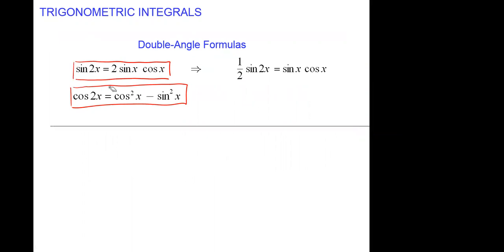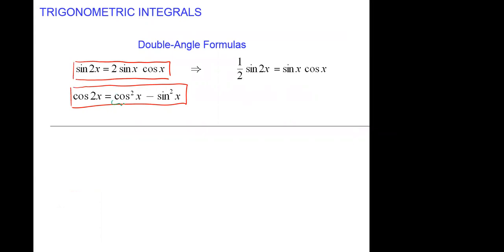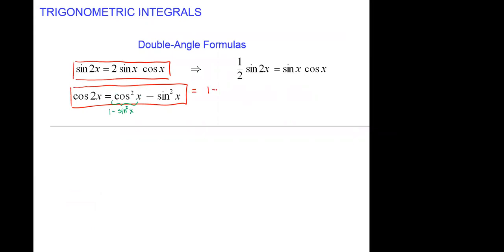Also, the formula for cosine of 2x we may rewrite in terms of sine or cosine only. When I let cosine square of x be 1 minus sine square of x, my formula will be as follows: 1 minus sine square and another sine square, so 1 minus 2 sine square of x.